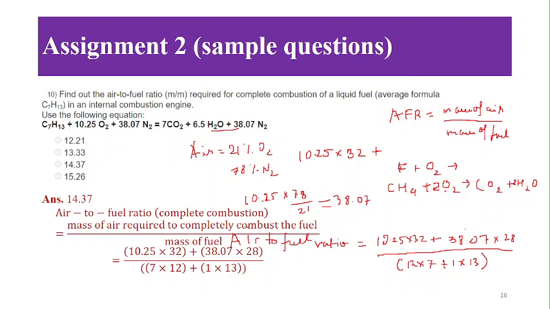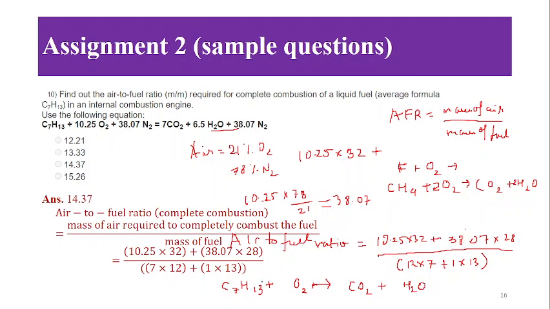In the same sense, 1 mole of C7H13 requires, it came from balancing the equation, 10.25 moles of O2 to get 7 moles of CO2 and 6.5 moles of H2O. I'll just do the balancing here once again for you. C7H13 plus some moles of O2 gives some moles of CO2 and some moles of H2O.